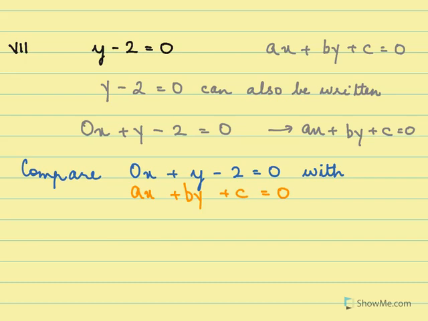Now if you notice here, on comparing, a will be equal to 0. Now for b, I'm going to put 1. It is no number, means it is 1, not 0, it is 1. So now when I compare, b will be plus 1 and the c will be equal to minus 2.